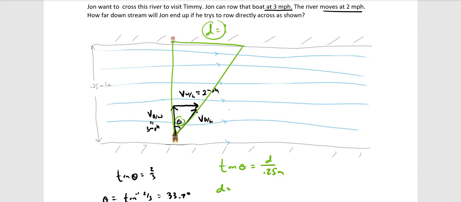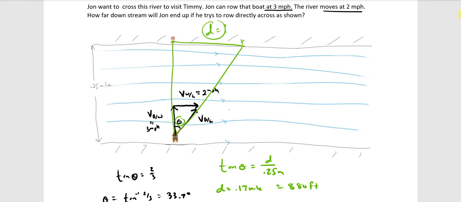I get 0.17 miles. And we can convert that to feet by multiplying by 5,280. It doesn't actually say to do that, but that gives us a distance of approximately 880 feet. So John's going to have quite a little ways to hike back to his buddy Tim to meet up.